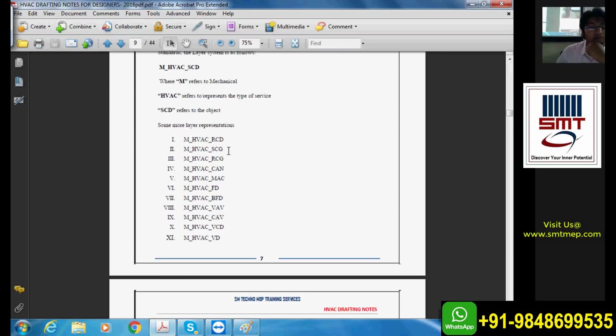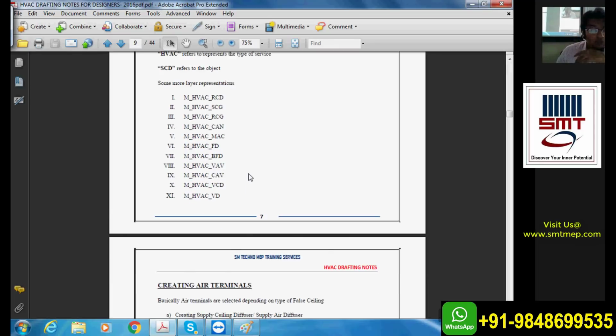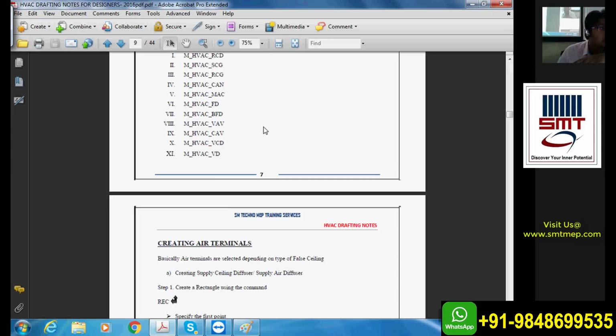Yes, Yogesh, VAV, variable air volume. Then VCD will be volume control damper, and VD will be which one? Volume damper, nearly the same. Okay, the last one should have been MVCD, motorized volume control damper, but it came as VD. Anyway, you people are aware of that, which is good enough.